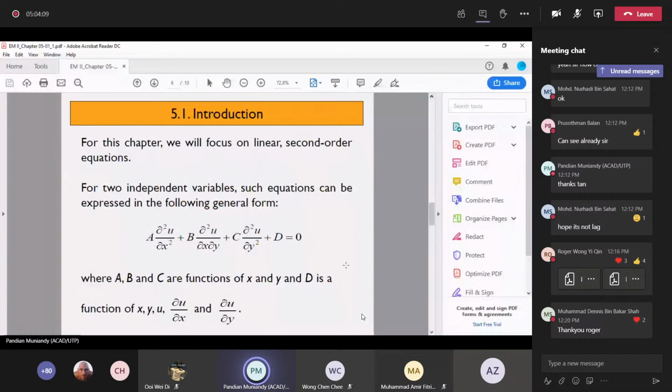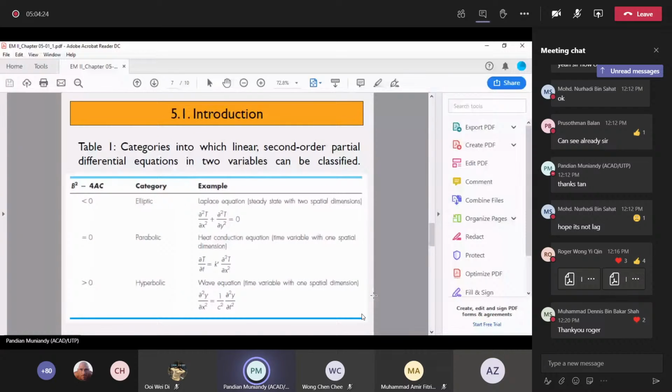So in this case, maybe your B and C can be 0, and your A maybe is K dash; we don't have the value here, so you have to put some value K. Then this becomes the heat conduction equation.